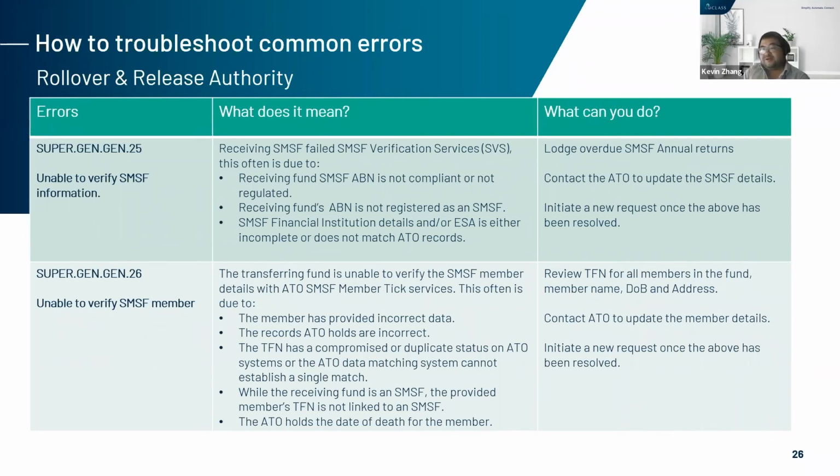So if you do encounter these types of errors, relodge your return if you've got overdue returns. Once the status of the fund becomes compliant, then you can start doing SuperStream rollovers.